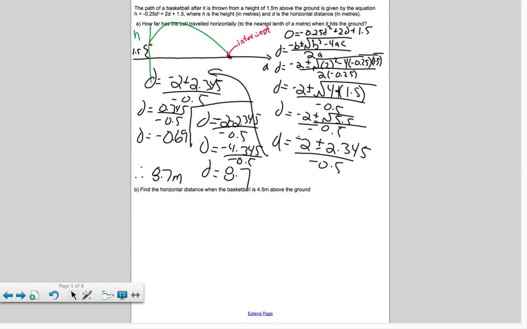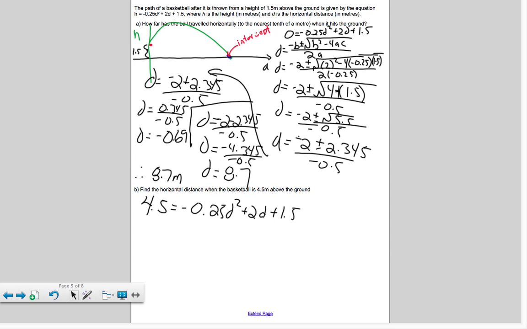Here we want the height of the ball, so instead of the H value being 0, which wasn't told in the first part but was implied, here we're actually given H is 4.5. So 4.5 is equal to negative 0.25 D squared plus 2D plus 1.5.